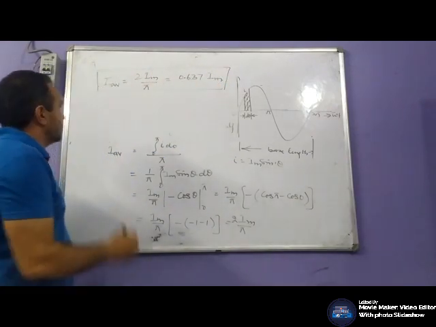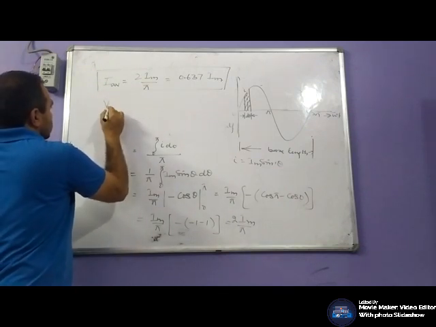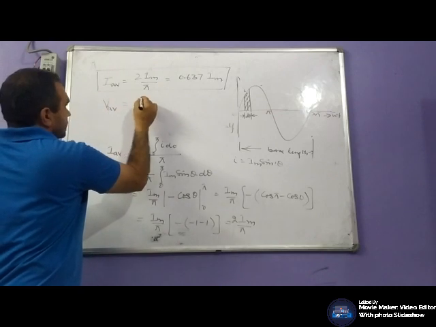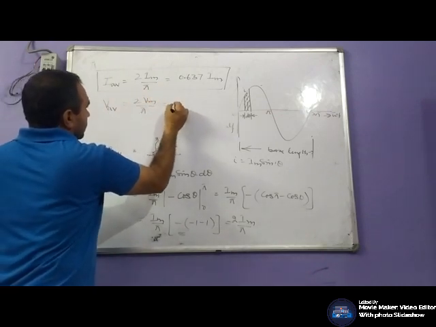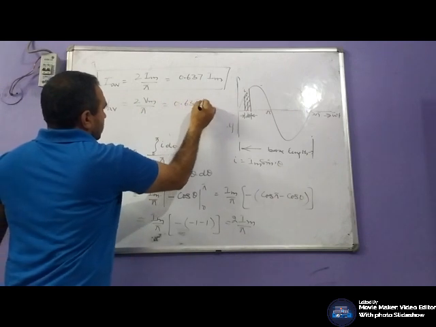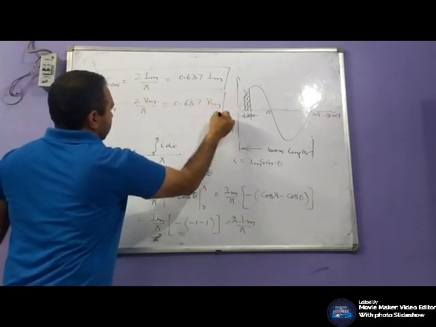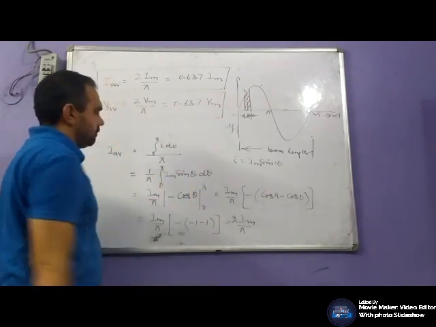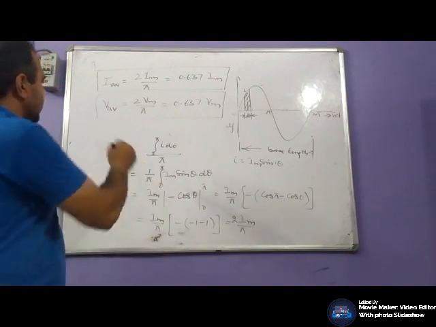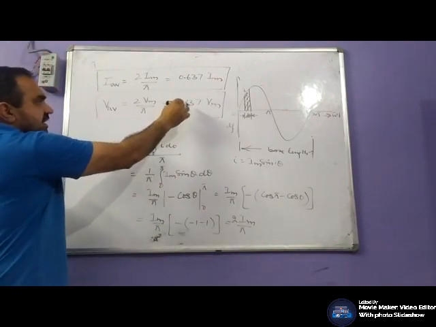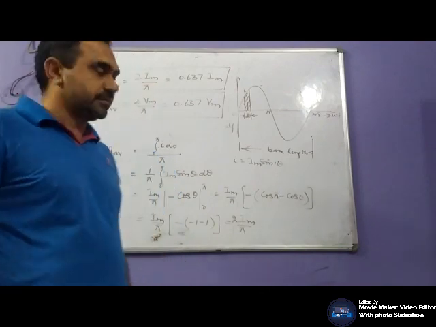Similarly, for voltage, average value of the voltage is 2 Vm by pi, or 0.637 of Vm. So average value is 0.637 of the maximum value of the alternating quantity.